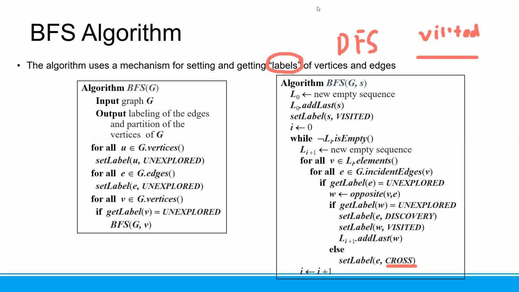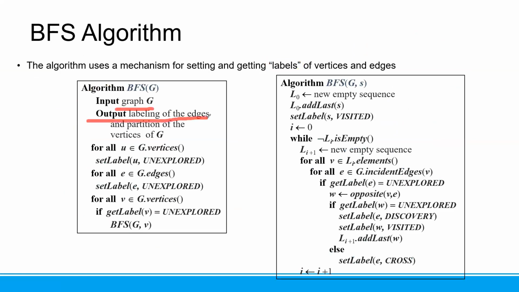The idea of the first part of this algorithm is the same as DFS. At first, you input the G, and then we are going to output the edges and the partition of the vertices of G. So every u in G will be set as unexplored, and every e in G will also be set unexplored.